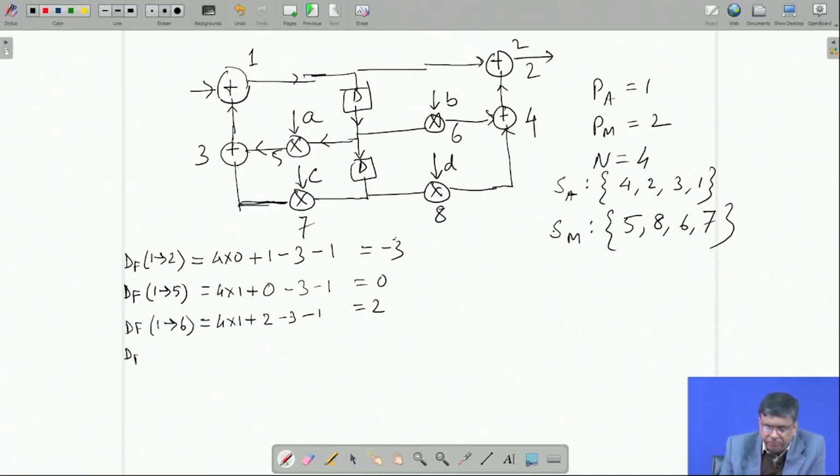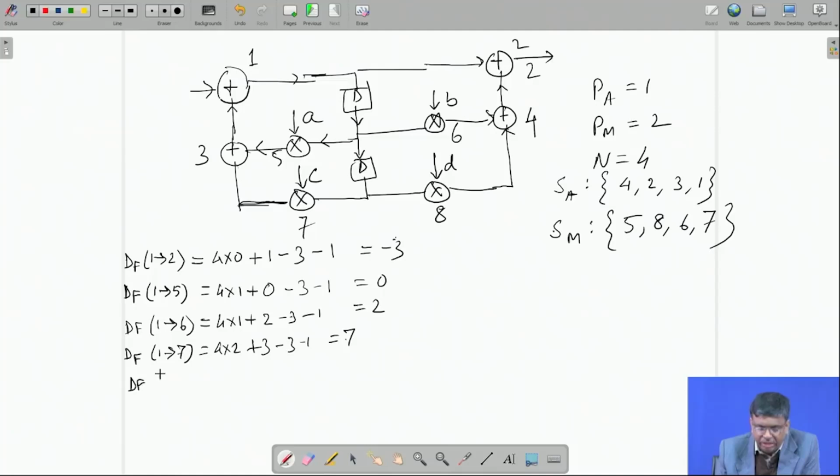Then DF 1 to 7, two delays. So, 4 into 2 plus the schedule of 7, which is 3, minus this part which remains the same. So, this is 7, positive, no problem.